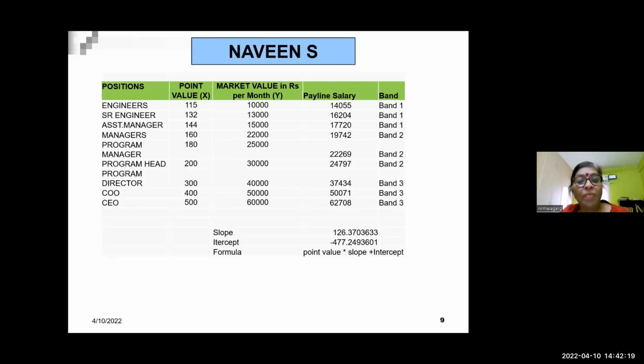Yes. Good job because I can see that you've done point values, market data, which is also called benchmark data. And then you did a regression, calculated slope value, intercept value, then pay line salary, and then calculated salary at every level, and then you have clubbed them into 3 bands, band 1, band 2, band 3.